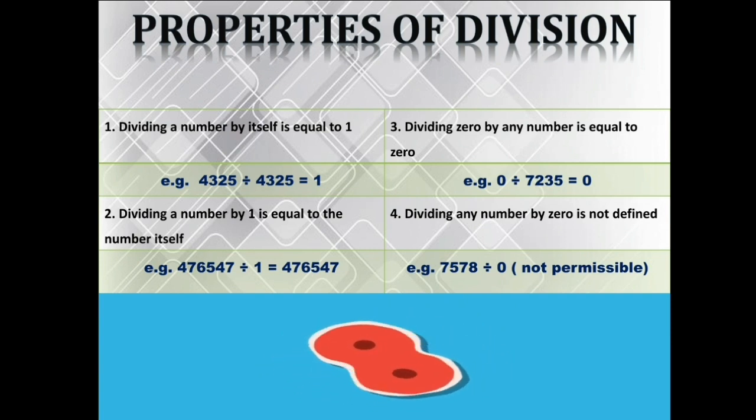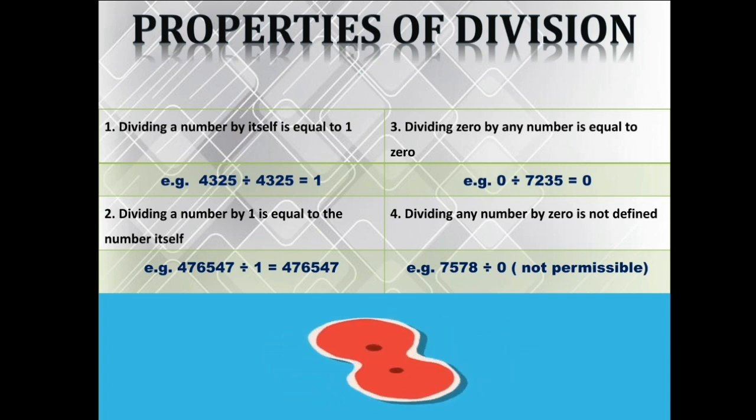The second concept is dividing a number by 1 is equal to the number itself. Like 2 divided by 1 is equal to 2, 10 divided by 1 is equal to 10. When we divide a number by 1, the number that we get is the number itself.